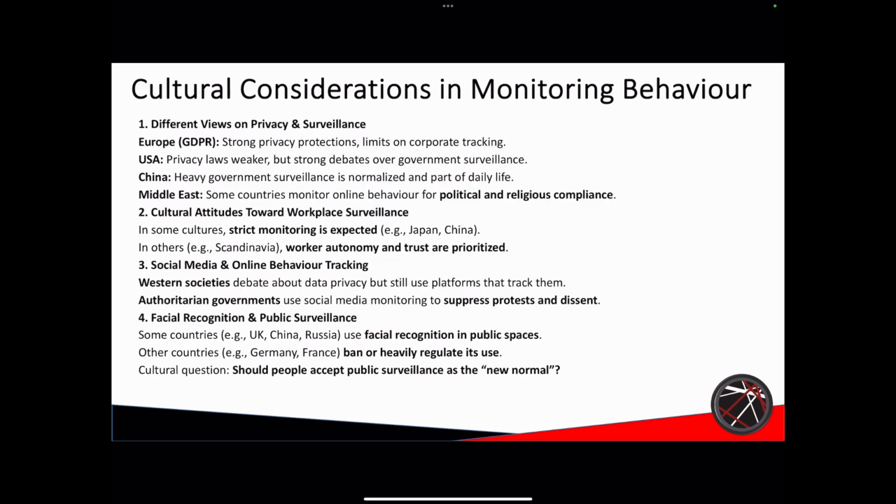Some cultural aspects to the monitoring of this. There are obviously, again, different attitudes around the world to this. Some cultures are very strict in monitoring what they expect of people versus much more open societies, if you want to use that term, where people are being trusted more to do what they want. And again, the use of things like facial recognition. So if you're out and about walking through a town, is it appropriate to have your face recognised and therefore know exactly who you are?